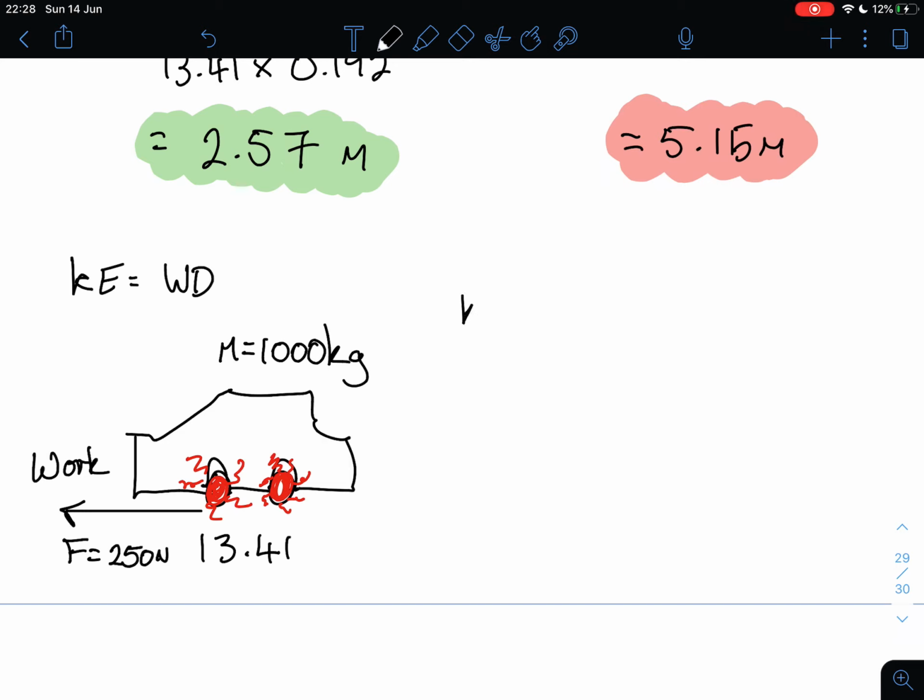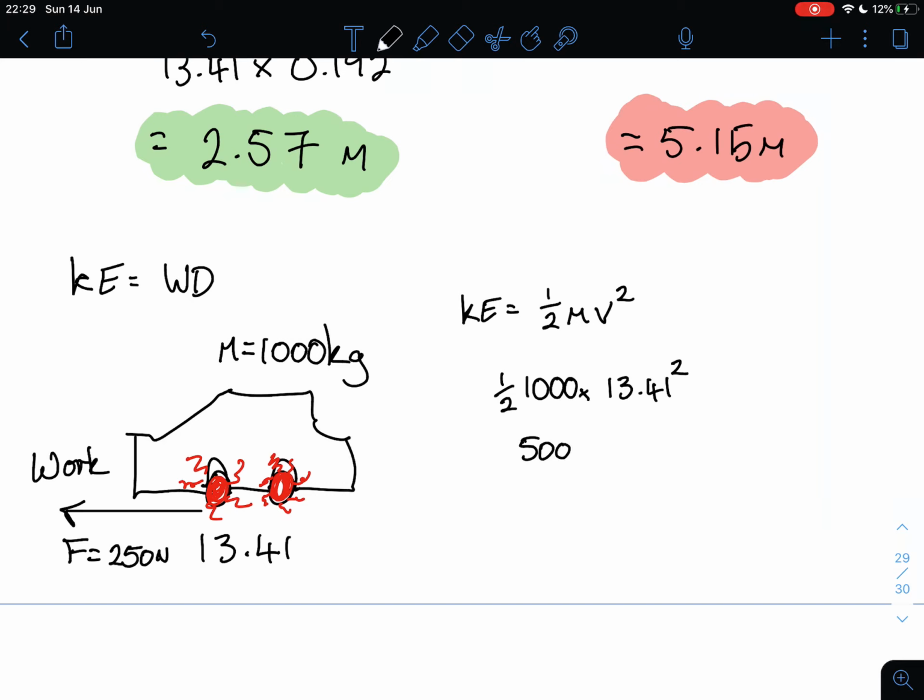First we start with kinetic energy. The equation, if you remember, is a half mv squared. So let's plug in the numbers. Half of 1,000 times 13.41 squared. So half of 1,000 is easy, 500.